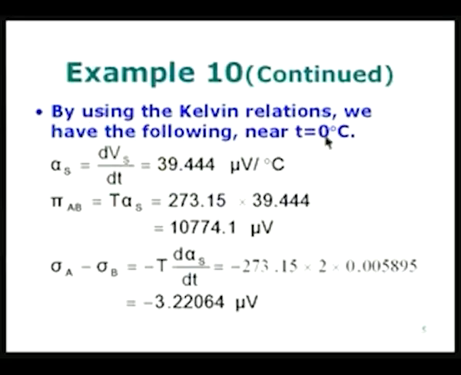I am going to look at near T equal to 0. This corresponds to 273.15 for the Kelvin value, and alpha s is equal to dVs by dt.